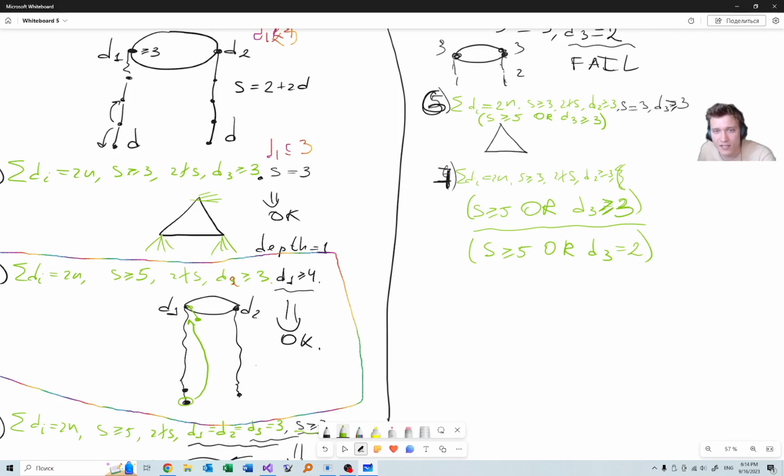Actually, in these two cases, the right thing cancels out. So we know either S is at least 5 and something, and we know that S is at least 5 and not something. Yeah? This simply means that we know that S is at least 5. Okay, we're right. S is at least 5.